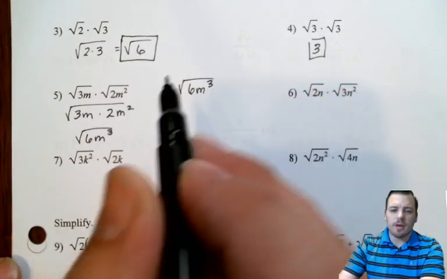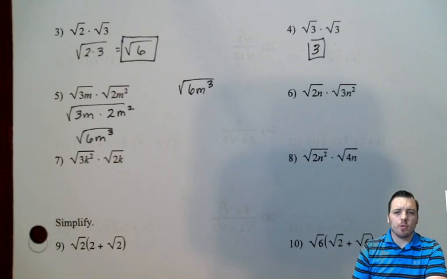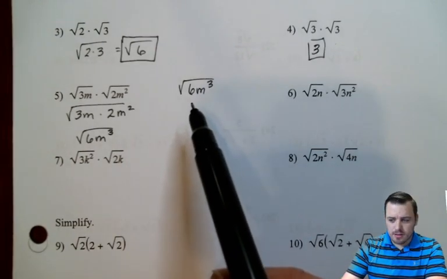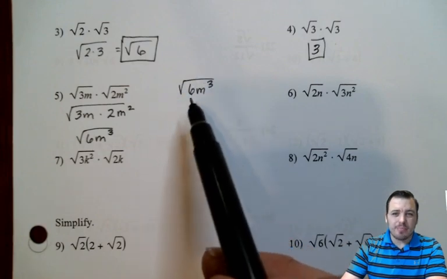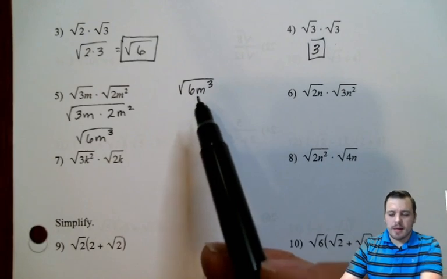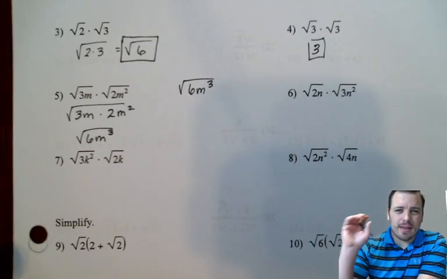6m cubed can be rewritten. Understand this: this right here is the product of something. This first one, I'm going to break it down piece by piece.